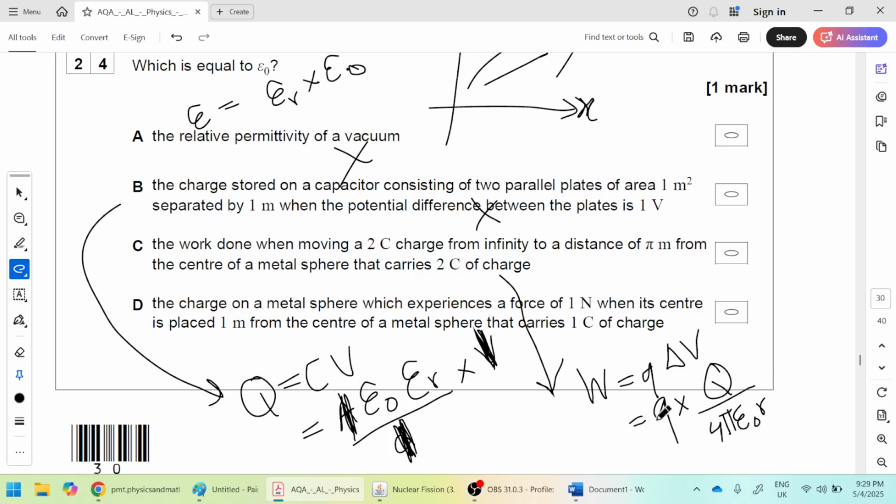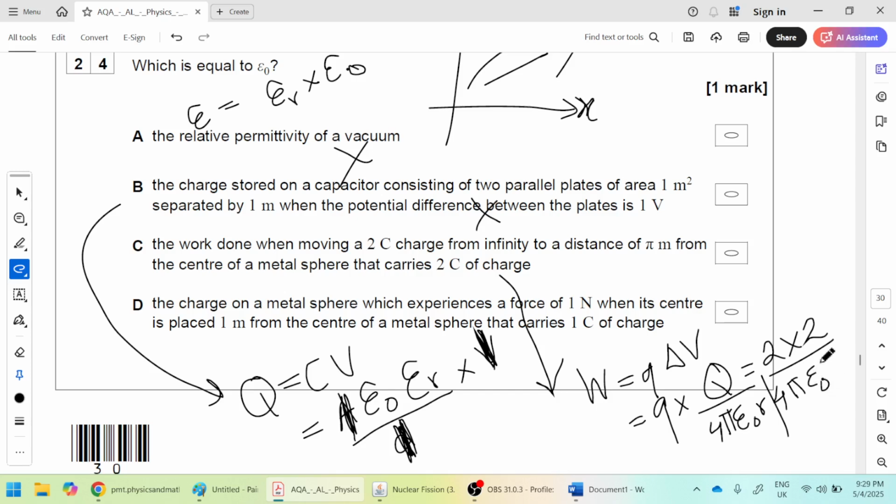So work done when moving a 2 coulomb charge. So this is 2, radius pi. Let's check that out. 2 times... center of a metal sphere that carries 2 coulomb of charge. That is also 2. This is 4 pi epsilon.